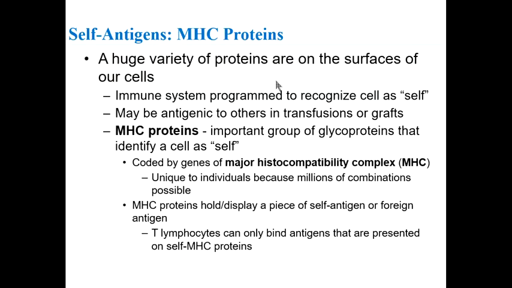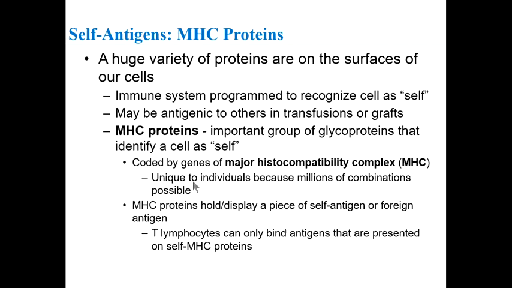Now, on the surface of our cells, there's a huge variety of proteins. And if they're in our own bodies, our immune system will recognize them as being self, meaning not foreign, and they're okay. So we call these MHC proteins after the major histocompatibility complex coded by our genes, because remember, our genes produce proteins, and they're displayed on the surface of our cells, which means our immune system will not attack them.